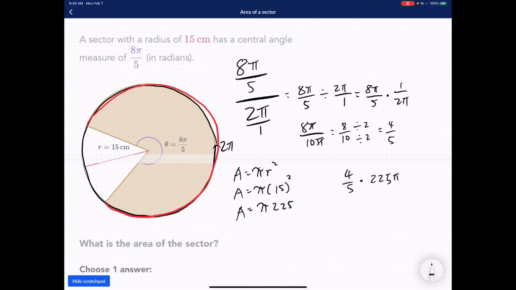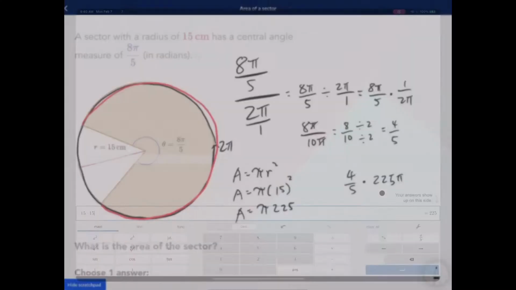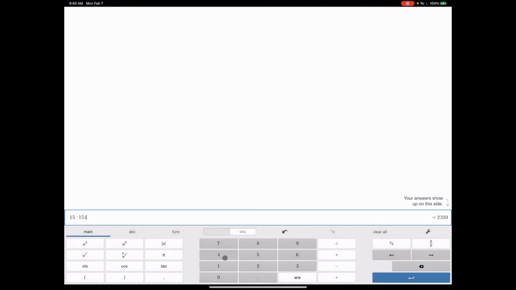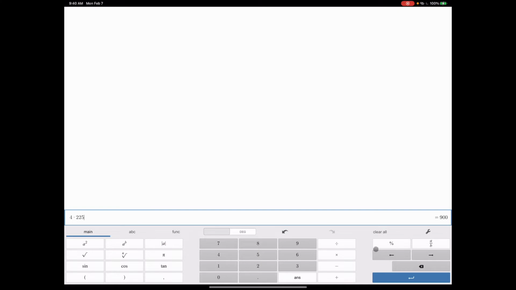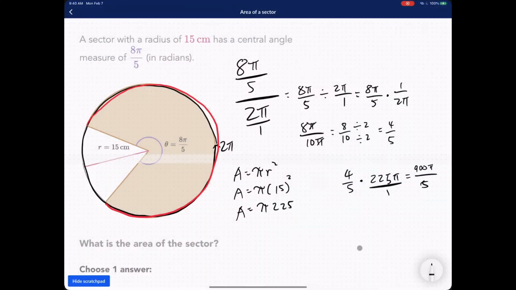Let's do 4 times 225, which equals 900, over 1. So 900 pi over 5, because 5 times 1 is 5, and 900 divided by 5 is equal to 180.